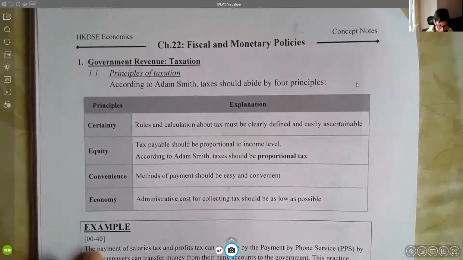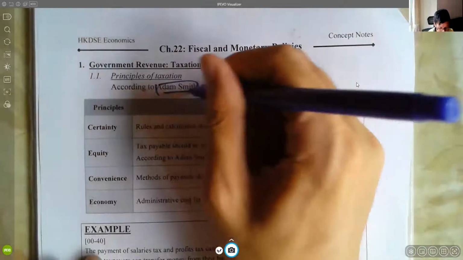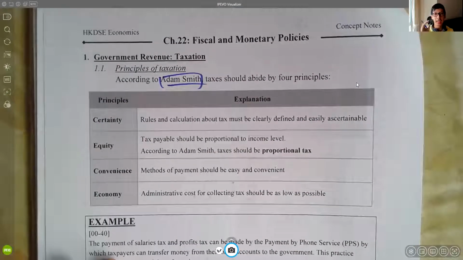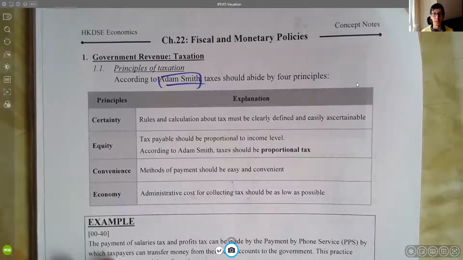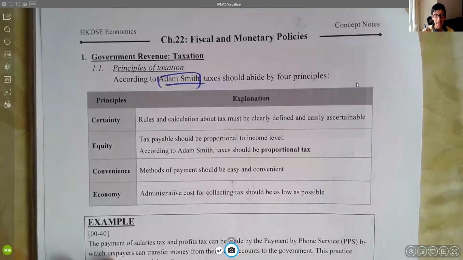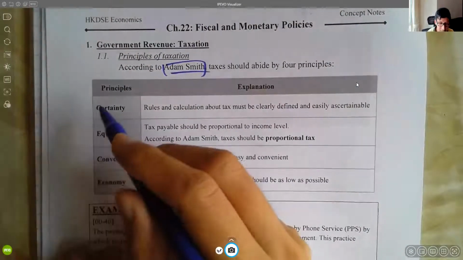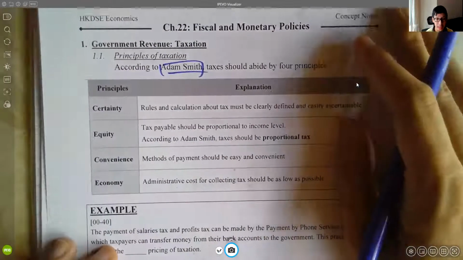Now, Adam Smith, if you remember, the father of economics, he actually proposed there should be four principles to abide by when we design a taxation. Okay, now let's get started. Here, the first principle should be certainty.